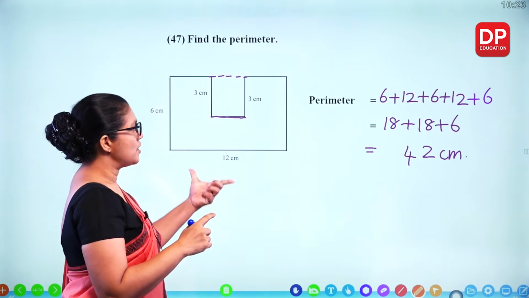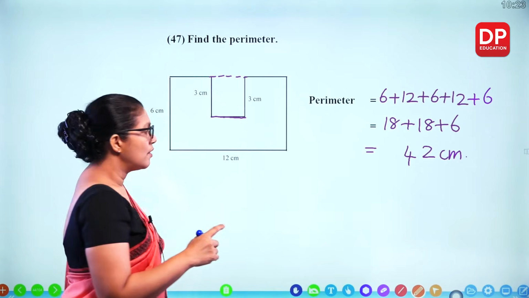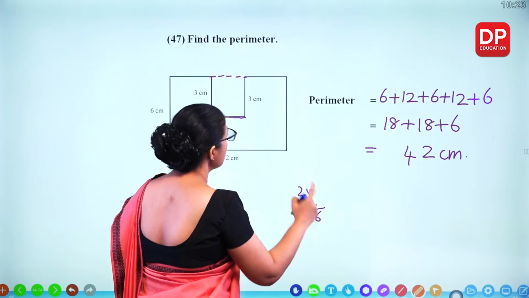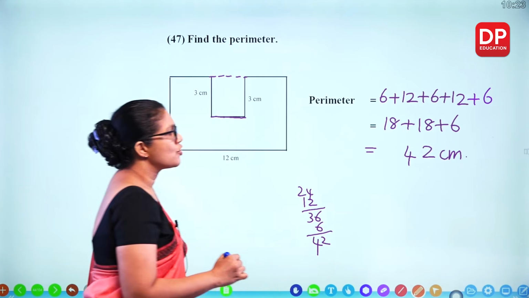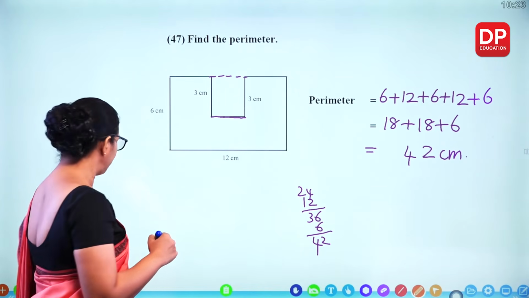Again, 12, 12, 24. 24 plus 12, what is 24 plus 12? You get 36 and extra 6. You get 42 centimeters for the perimeter of this figure.